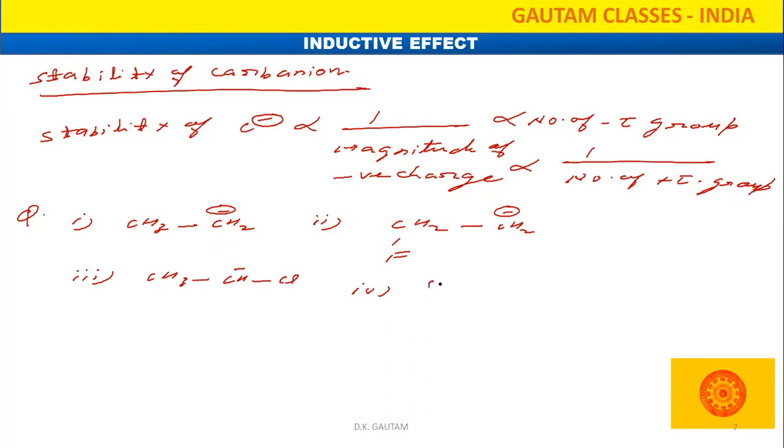Fourth one: CH3, CH minus and it is attached to the fluorine. Look here, if we are going to write the magnitude of minus I effect, fluorine has a higher magnitude of minus I effect than chlorine. So definitely fluorine has more tendency to withdraw the electron density. So this one has the highest tendency to withdraw the electron density. So definitely here the magnitude of negative charge will be least. So the stability of the fourth one will be highest.